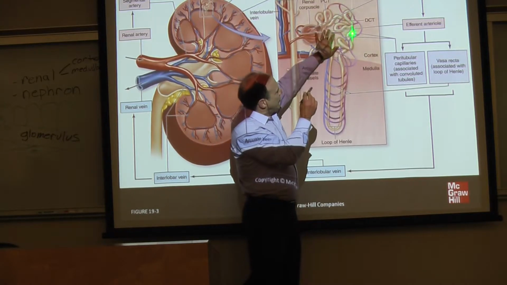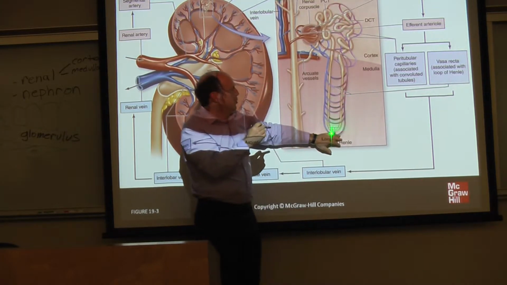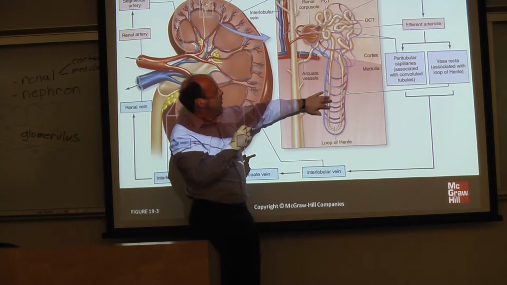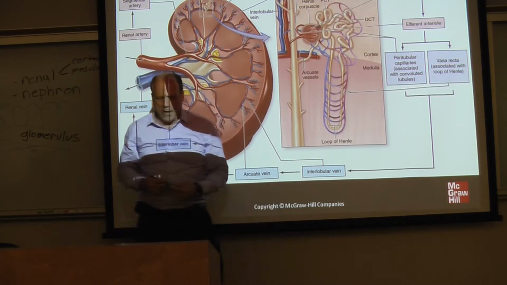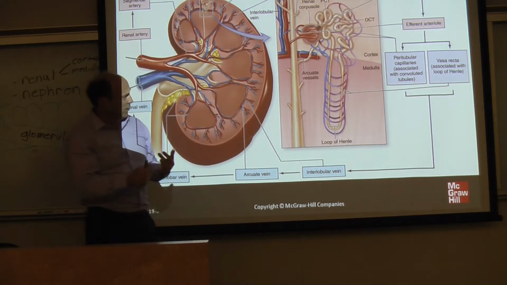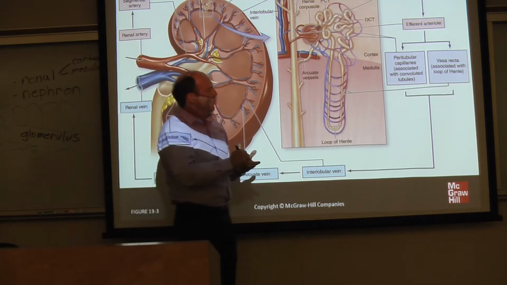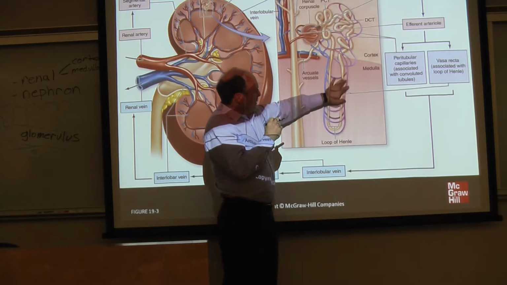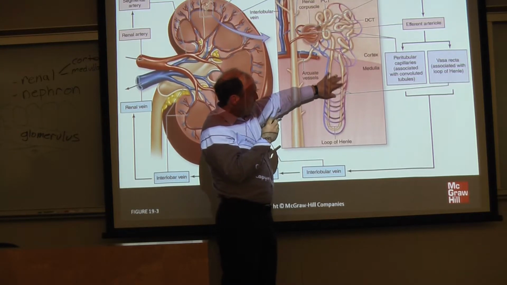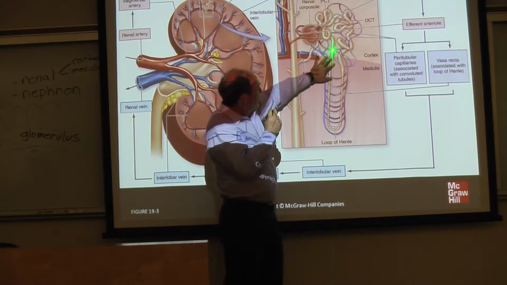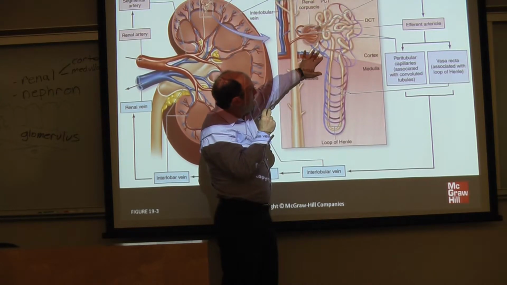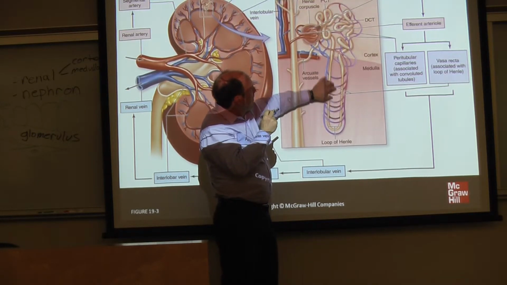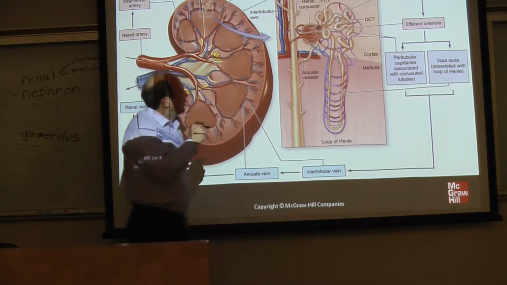So these are all of these fine capillaries whose job it is to take back up those components of the blood that we didn't want to filter out. We didn't want to take out the nutrients. We didn't want to take out the vitamins and the hormones. We can reintroduce them. We can also reintroduce water, depending on whether the body needs to conserve water or not. And that's where all of this takes place.